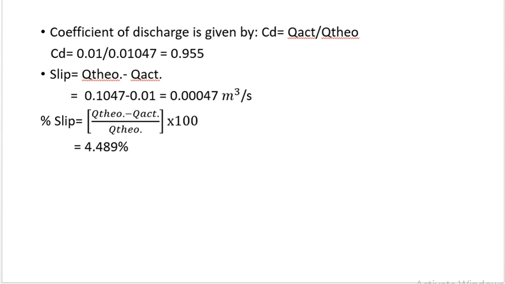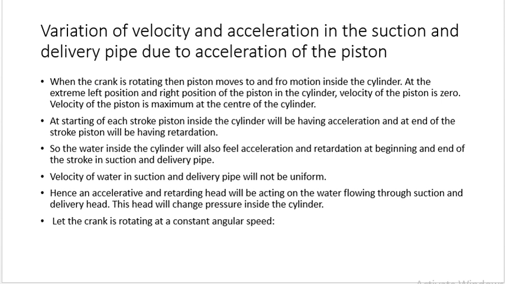Now we will discuss a very important topic, variation of velocity and acceleration in the suction and delivery pipe due to acceleration of the piston. I had discussed earlier that crank rotates from IDC to ODC and then again ODC to IDC.